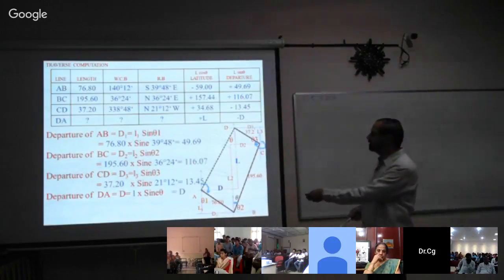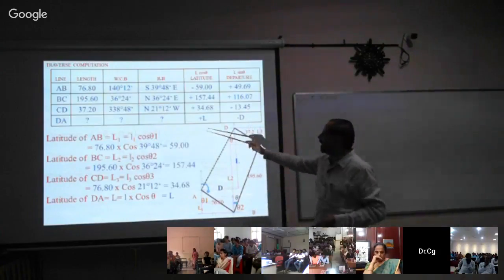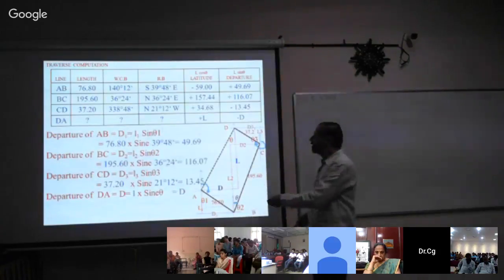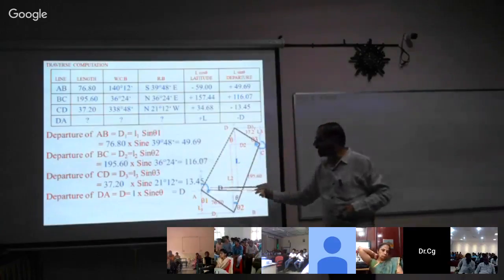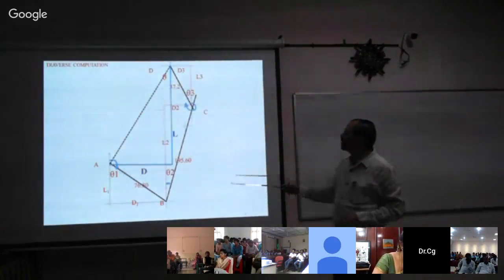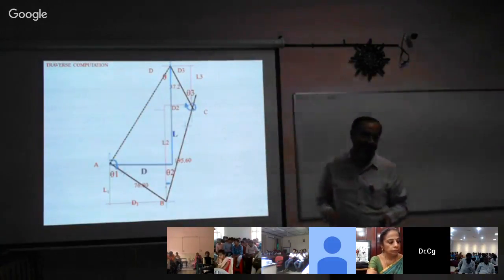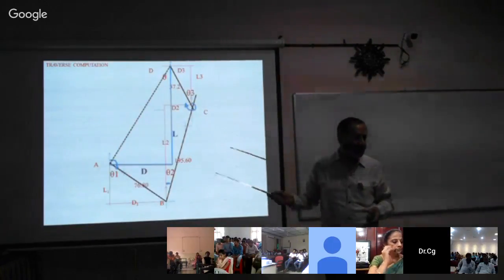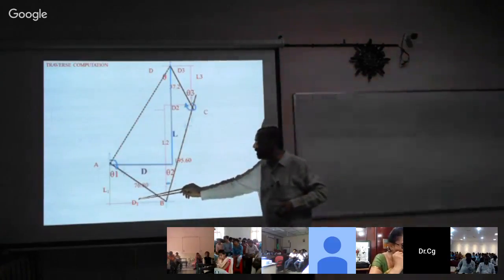Now let's see. In the previous slide we have calculated the latitude and departure of all the lines, isn't it? Now see, I have enlarged the diagram for better understanding. Can you understand this? Latitude and departure of this line.